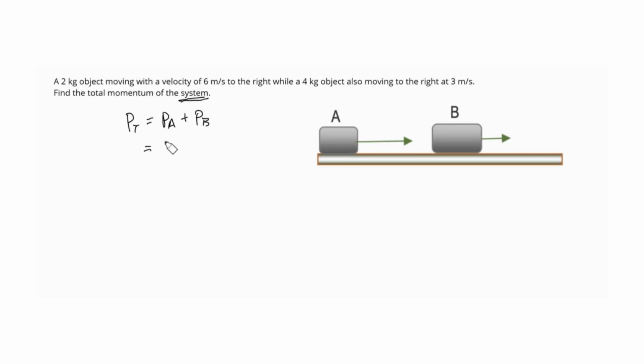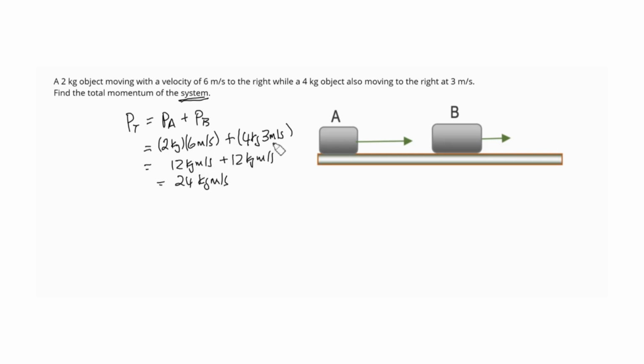So we have 2 kg times 6 meters per second for A plus 4 kg times 3 meters per second for B. That gives me 12 kg m/s plus 12 kg m/s, giving me 24 kg m/s.